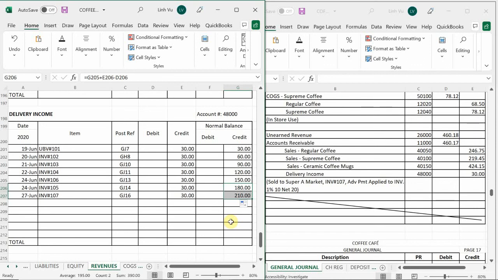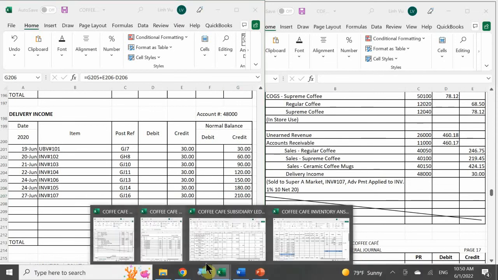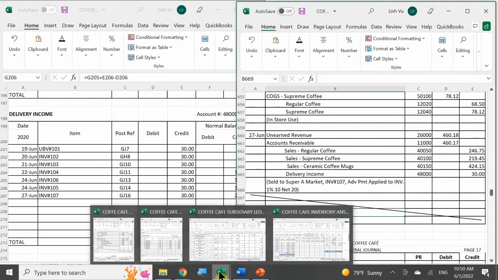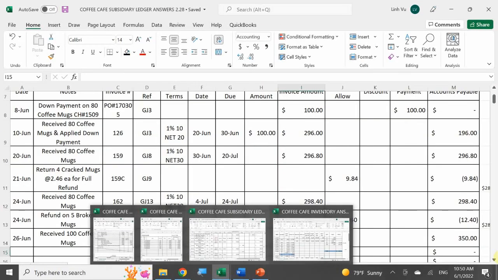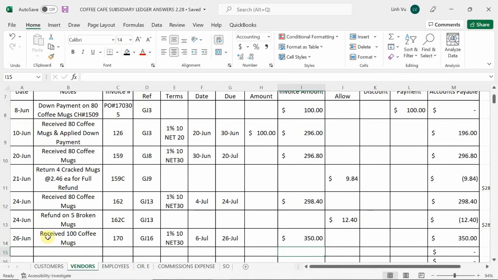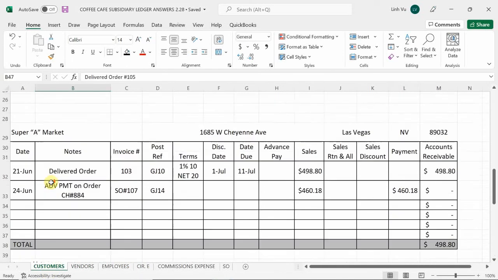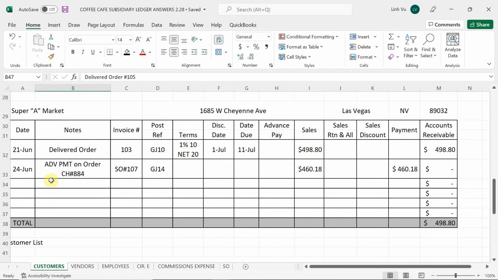I need to update my subsidiary ledger because Super A Market owes me more money. Okay, so I have to go to the subsidiary ledger next. Okay, go into customers first. Okay. We have Super A Market, which is right here, right? Here's the advance payment. Today is the 27th, okay?